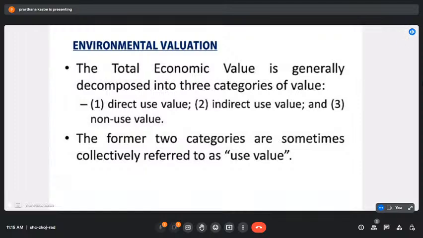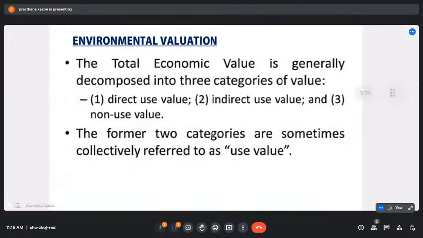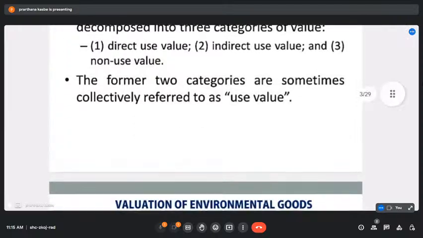Direct use value, ज्याला आपण प्रत्यक्ष उपयोगिता मूल्य म्हणतो, indirect use value, अप्रत्यक्ष उपयोगिता मूल्य, and non-use value. The former two categories are sometimes collectively referred to as the use value.